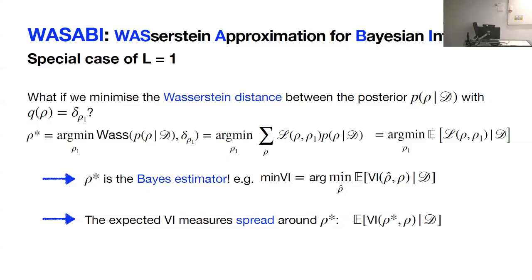This is quite easy to see because the Wasserstein distance just reduces to the posterior expected loss in this setting. In the context of clustering, I'm going to call this the minVI. This is the Bayes estimator under the VI loss, or our Wasabi approximation if we just take one particle. And here, the expected loss we'll think of as measuring the spread around that point estimate.